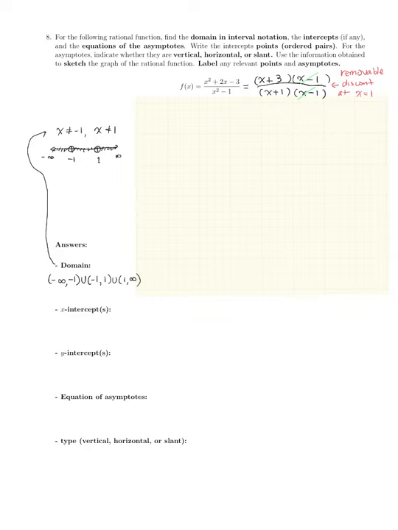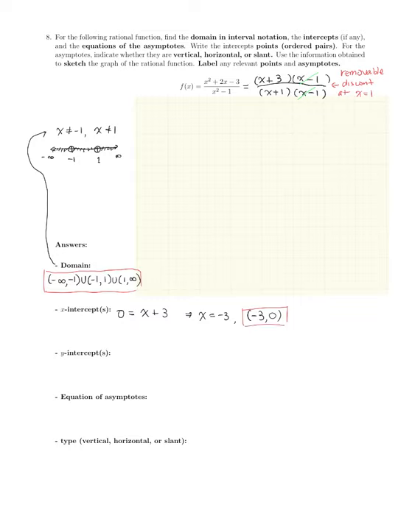So to find the x-intercept, just set the numerator equal to 0 and solve for x. That implies that x is negative 3. As a point, you're going to have negative 3, comma 0. Let me just box the domain. And here is the x-intercept.